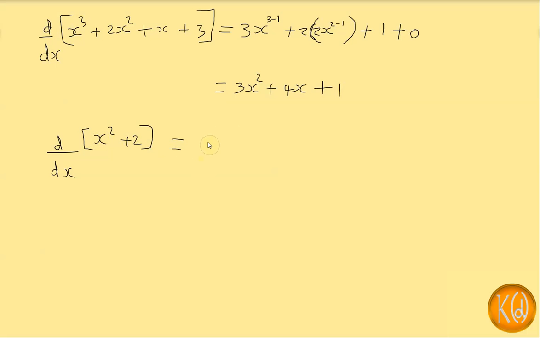If we differentiate x squared, that's 2 times x, and we reduce the power of the x by 1, so that's 2 minus 1, which is 1, x to the 1 power, and x to the 1 power is just x, so we don't have to put the 1 in the power there. And when you differentiate 2, which is a constant, that's just 0. Therefore the derivative of this expression is 2x. We can do another problem.